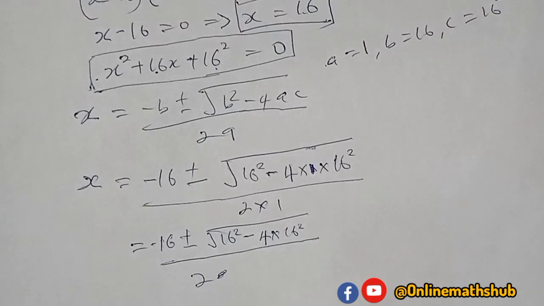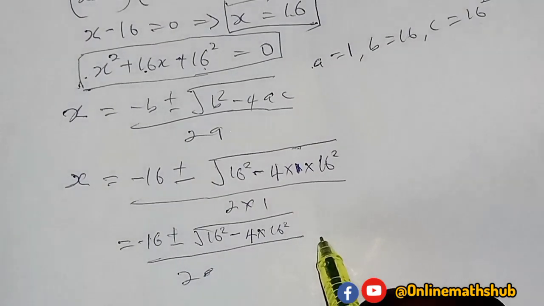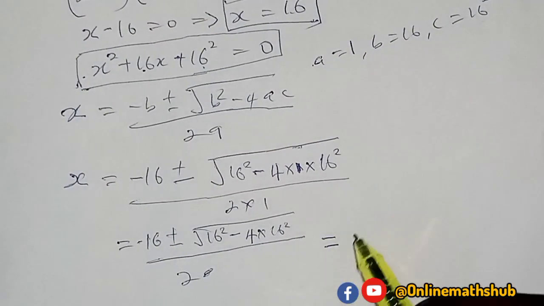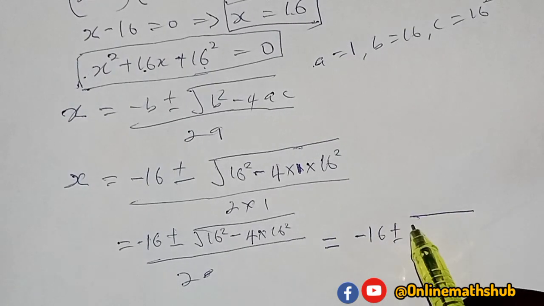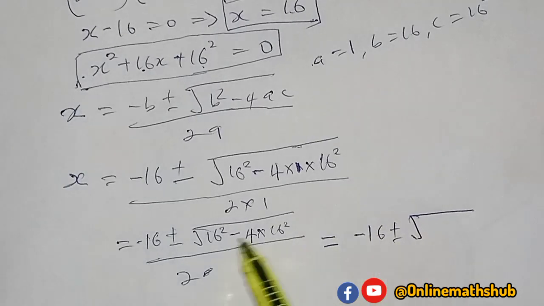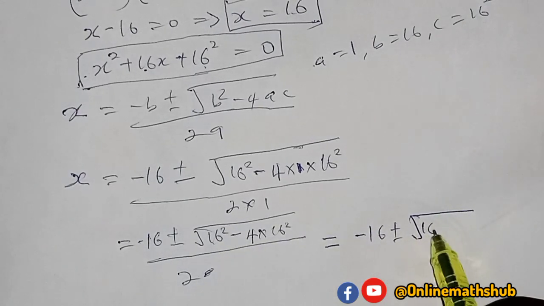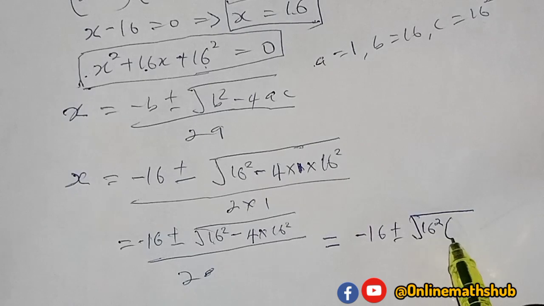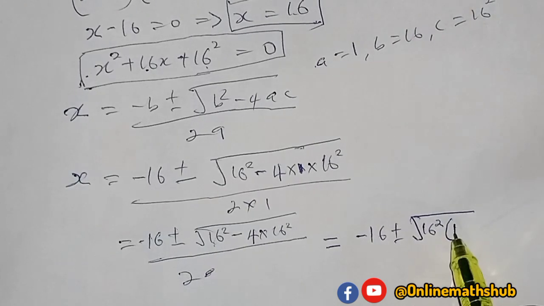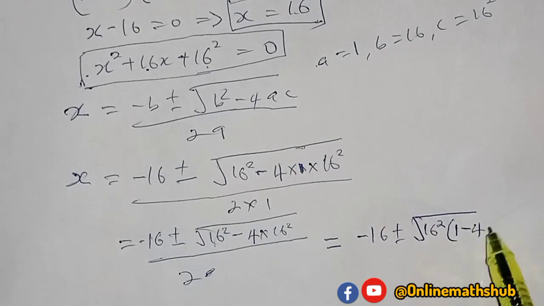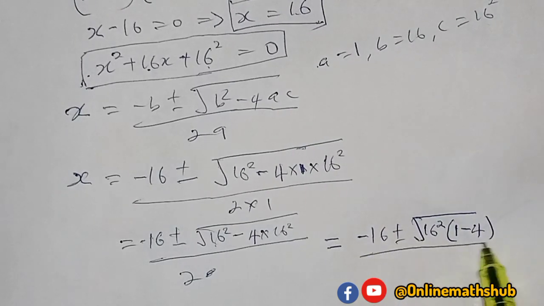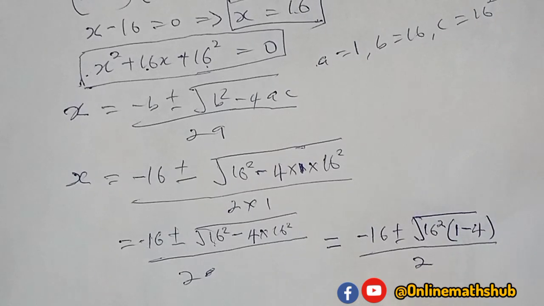So moving on, what are we going to do again? Let me just write here. This will give me minus 16 plus or minus the square root of, I can actually factorize 16 squared here. If you factorize it, 1 will remain minus, and if you bring out the 16 squared, what will remain is 4, and it's divided by 2.